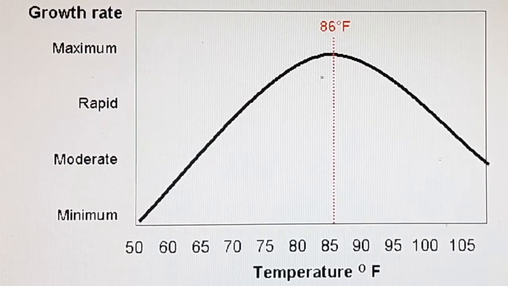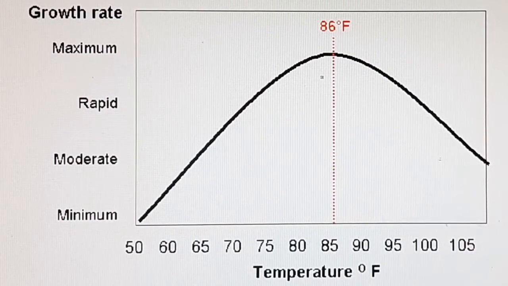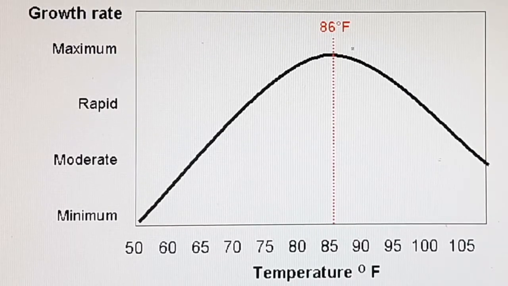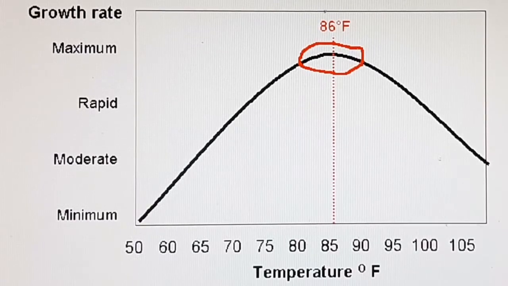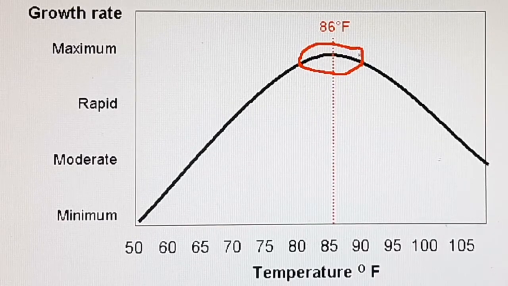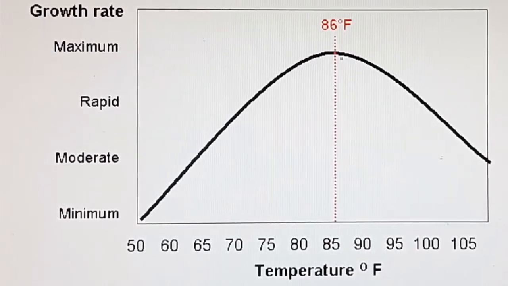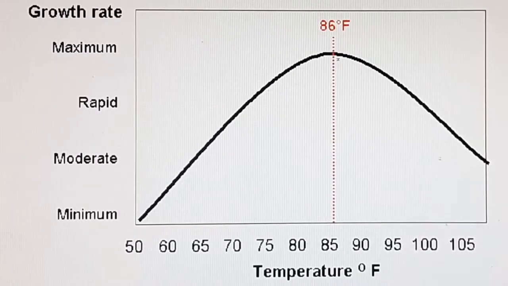So when you're looking up the temperature range for plants, they will give you a range. So that will be like in this area, right? This is 86, but your optimum, they would say maybe 80 to 90. And they don't drop off right away.